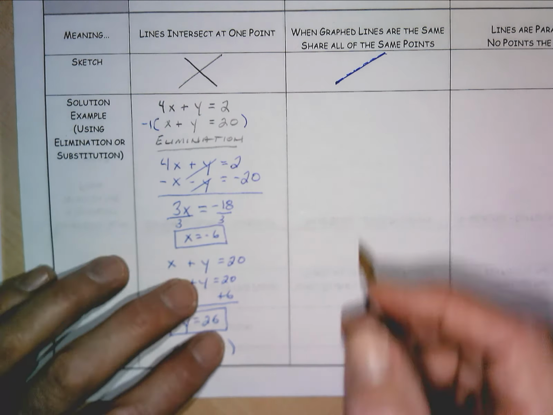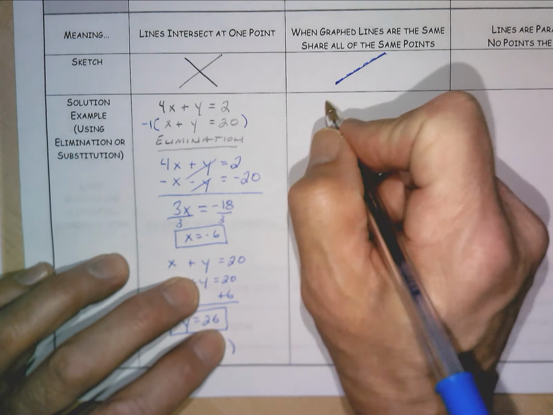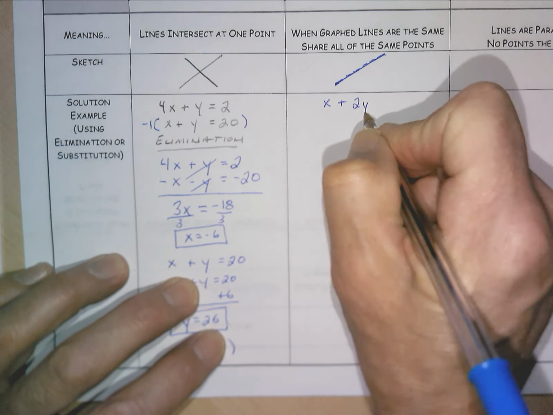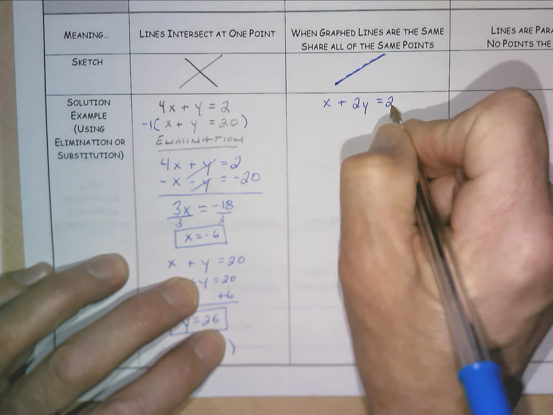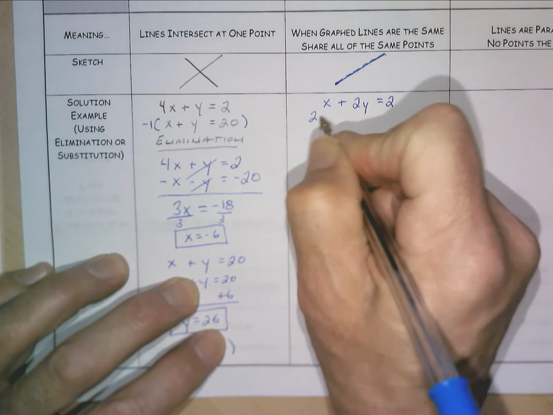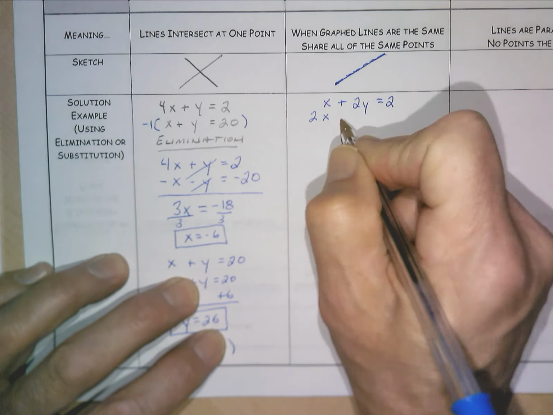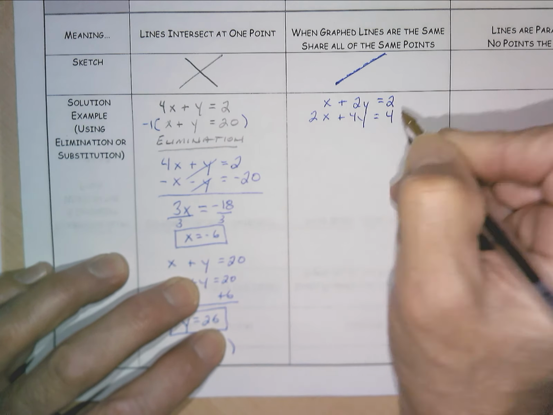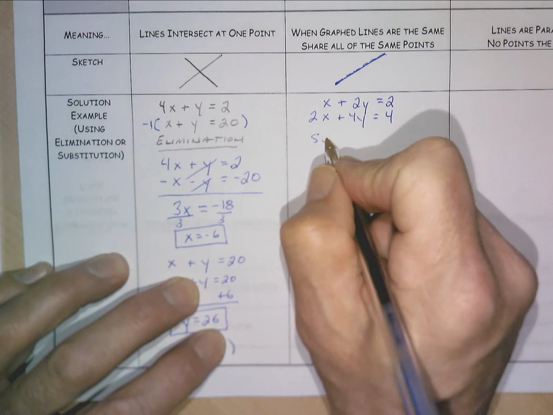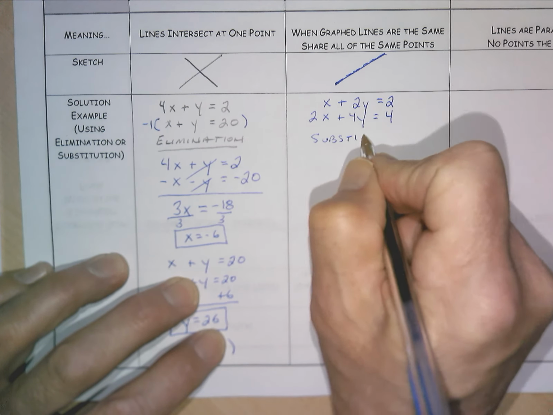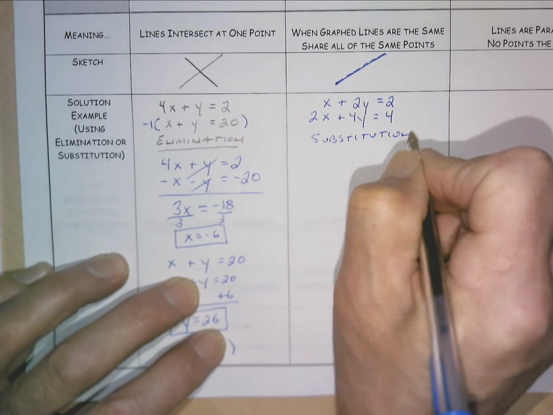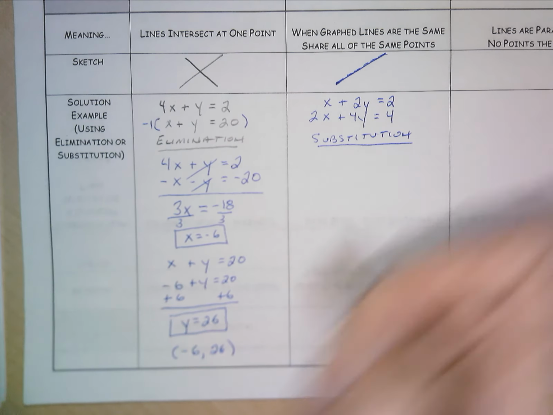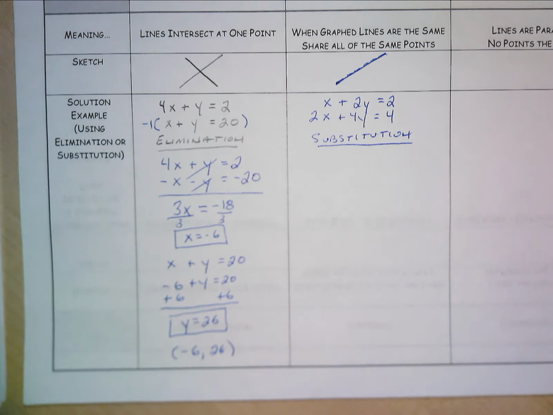Well, let's see what this would look like. I'm going to look at x plus 2y equals 2 and 2x plus 4y equals 4. And in this case, I'm going to use substitution to solve the system. This, by the way, is also going to be a great example of these processes while you're taking the test.